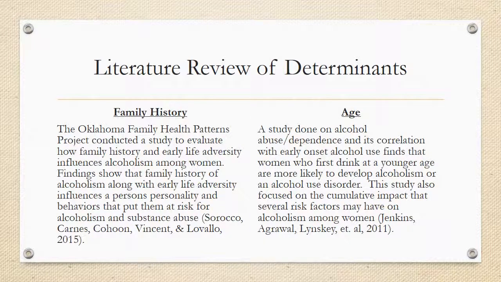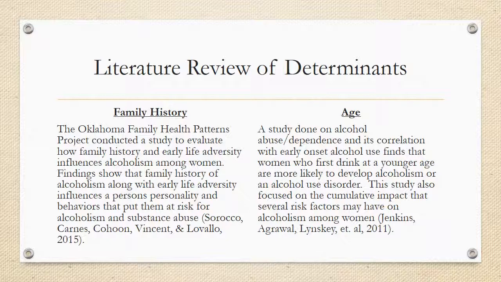Okay, on this slide, I'm going to review 2 determinants that I have included. First would be family history. I reviewed the Oklahoma Family Health Patterns Project that conducted a study to evaluate how family history and early life adversity influences alcoholism among women.